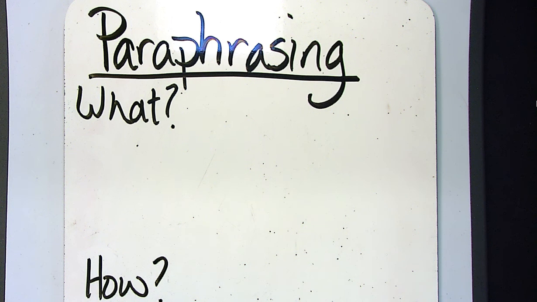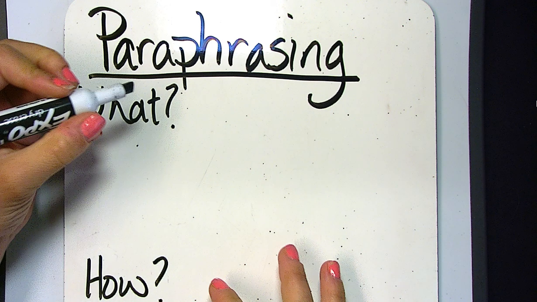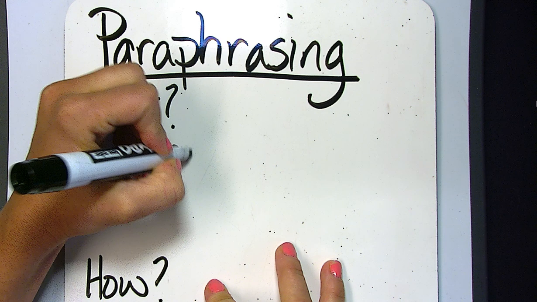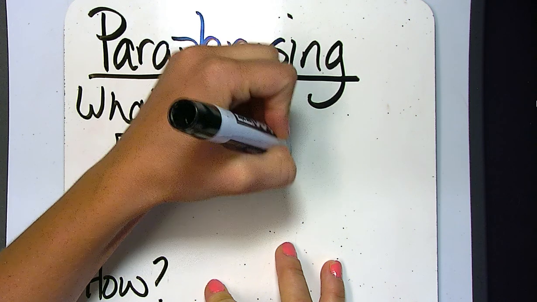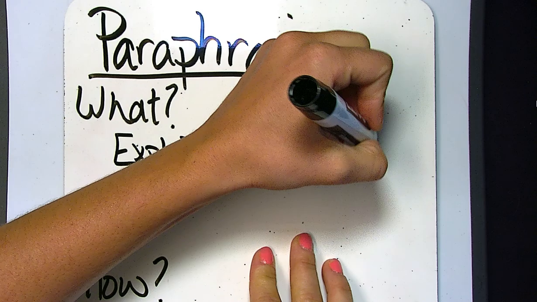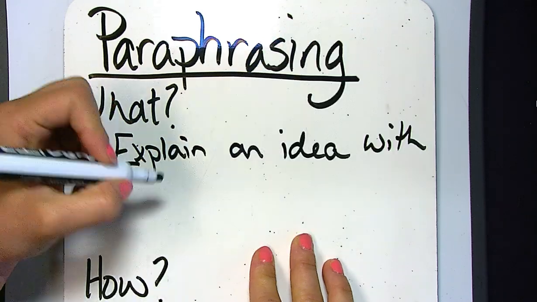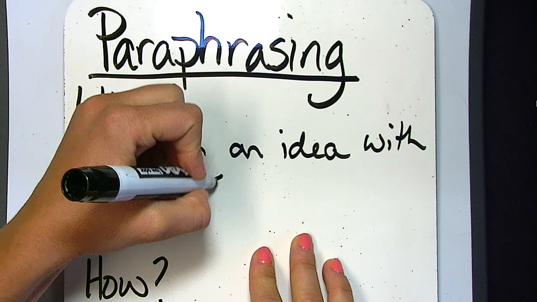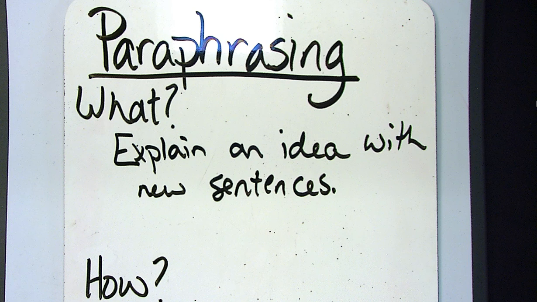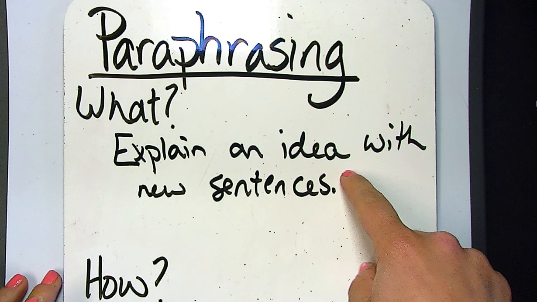A simple definition of paraphrasing is to explain an idea with new sentences. Many people say, explain the idea in your own words.